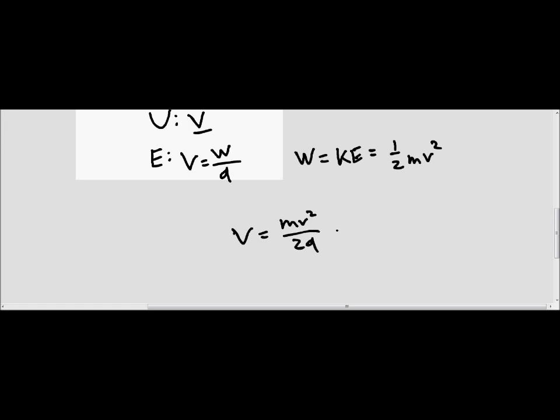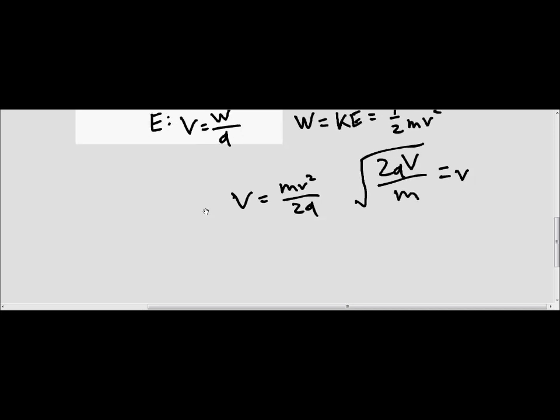What we do from here is isolate the velocity. So we end up with 2q times the voltage over the mass, all square rooted, equal to the velocity. From here all we do is plug it in.